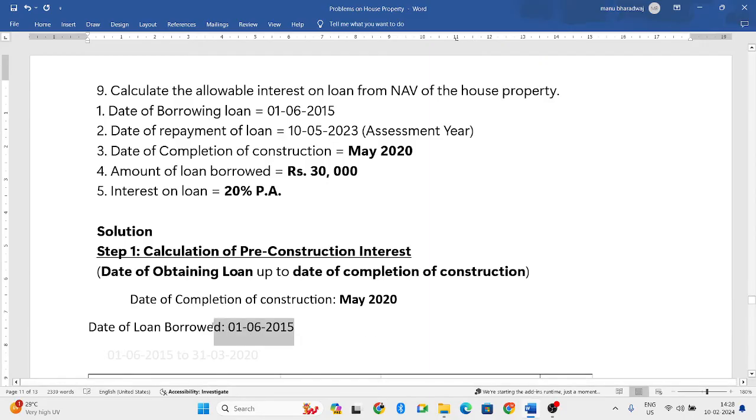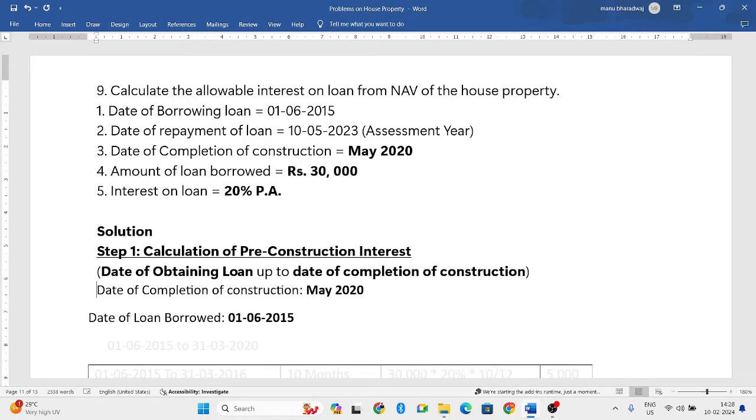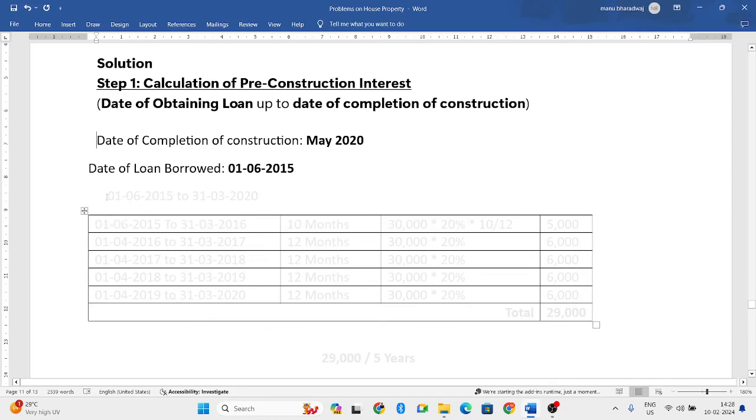This information is very important. You have constructed the house in May 2020. Whatever interest you pay between these two dates, we call it pre-construction interest. So it is from 1/6/2015 to 31st March 2020.